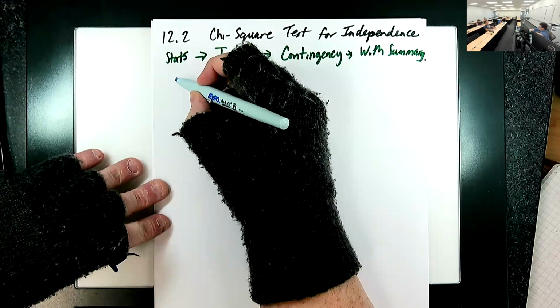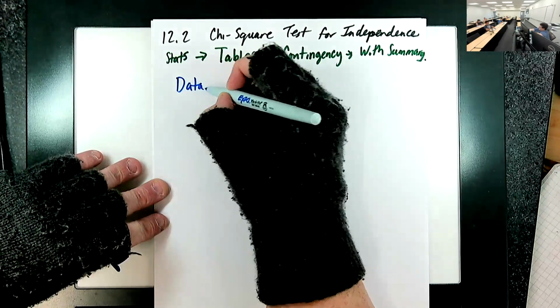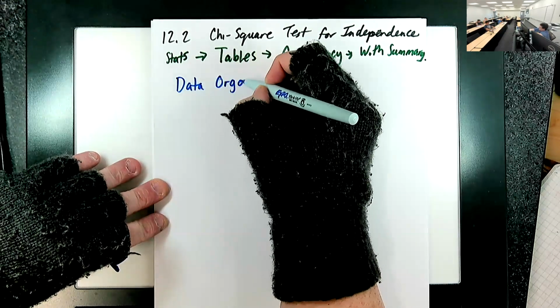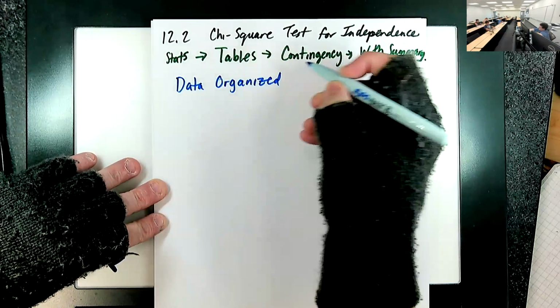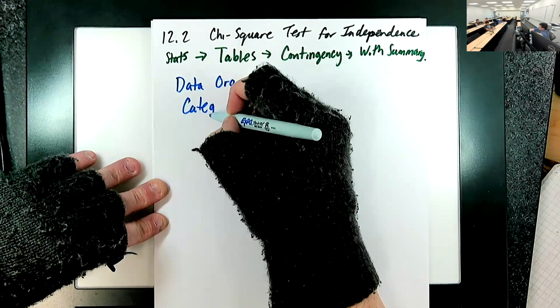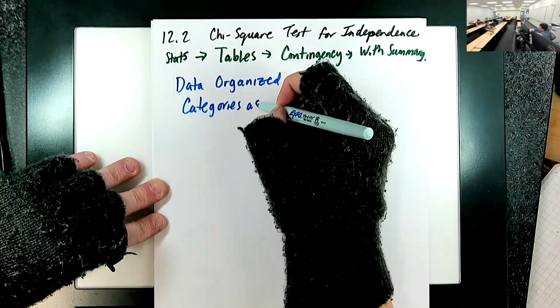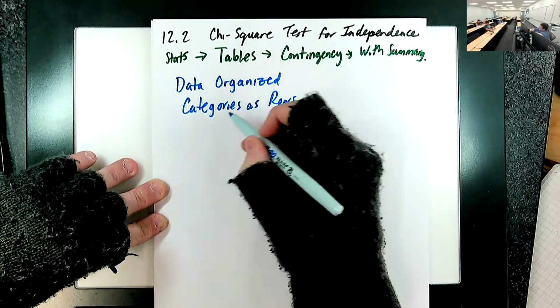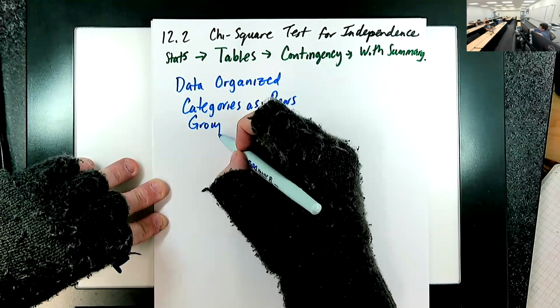You will have a table with data organized such that we've got categories as rows, groups as columns.